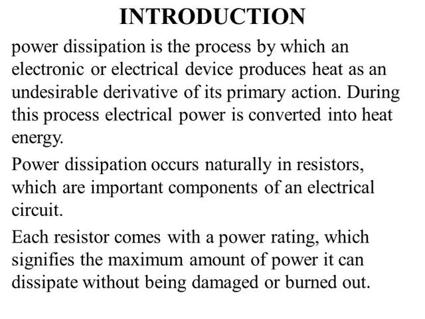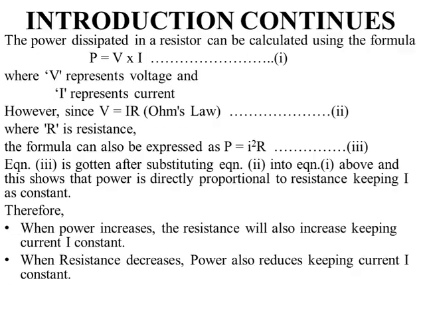The moment you give it more than that amount of heat or power that it can handle, you will be at risk of damaging that resistor due to overheating. This type of overheating can damage and can burn the resistor. So each resistor comes with a power rating, which signifies the amount of power it can dissipate without being damaged or burned out.